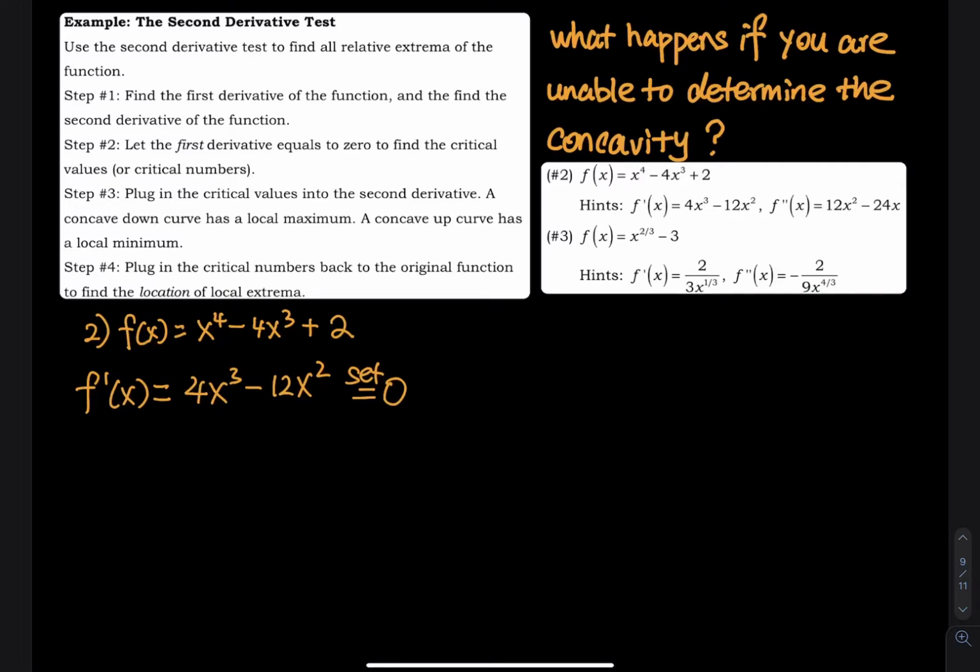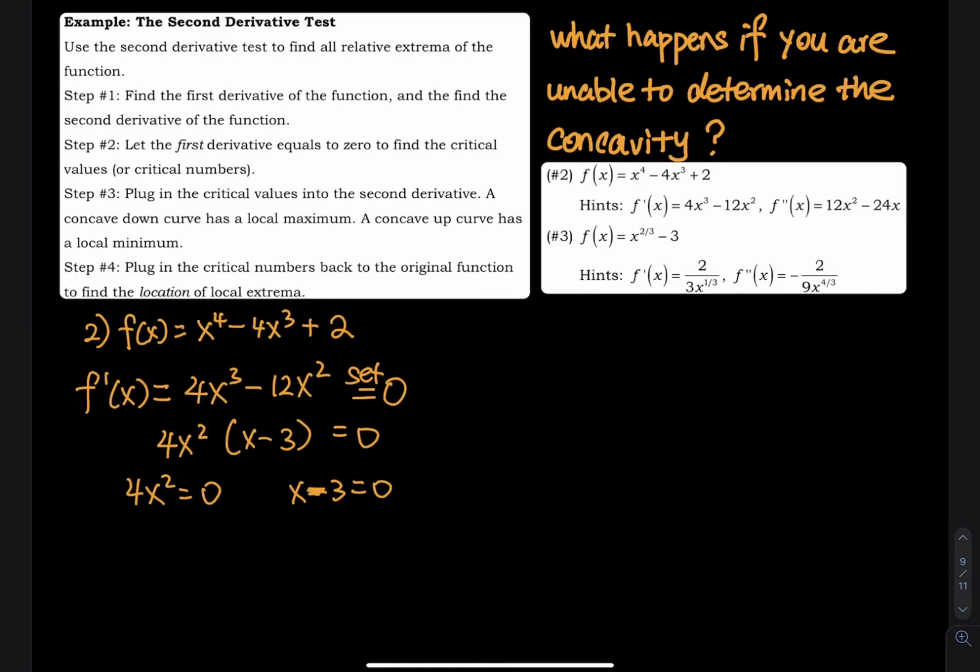All right, and then set that equal to 0, and then we factor. I'm going to factor out 4x^2. We have 4x^2 = 0 and x - 3 = 0. That is called the zero product property. I need to remind you that to apply the zero product property, the other side must be 0.